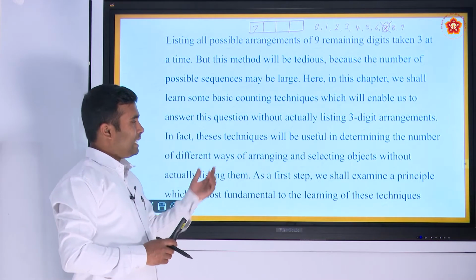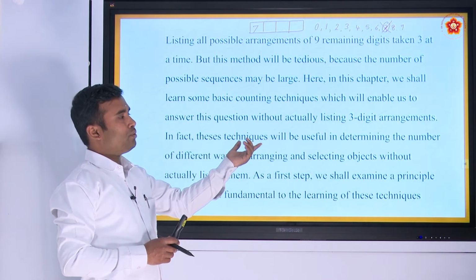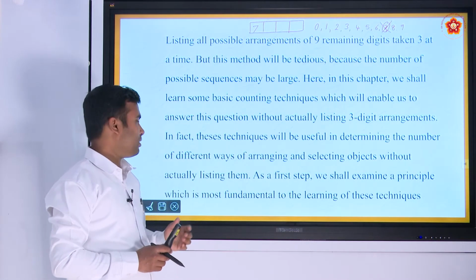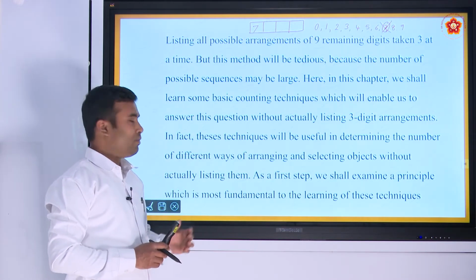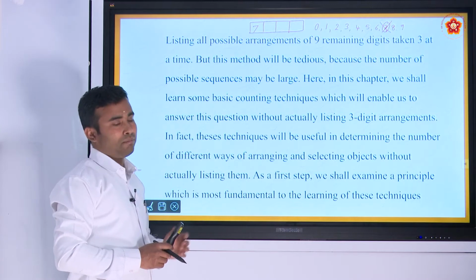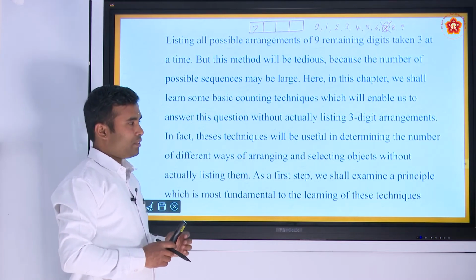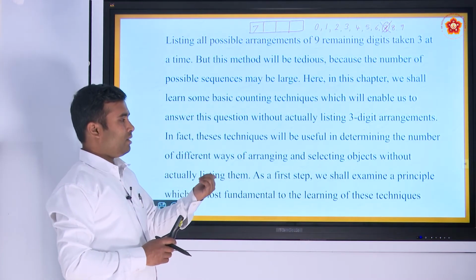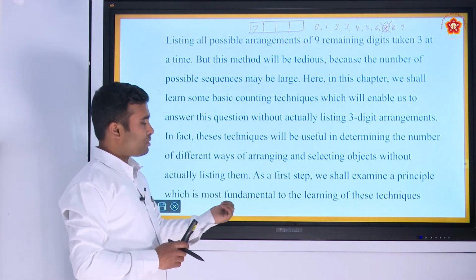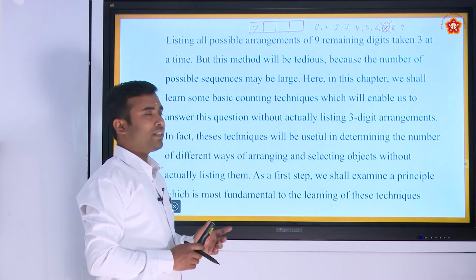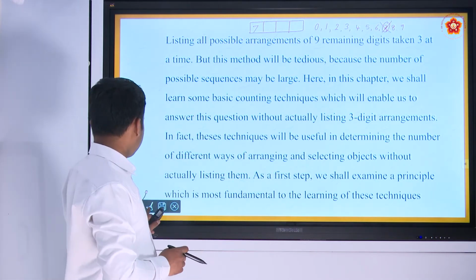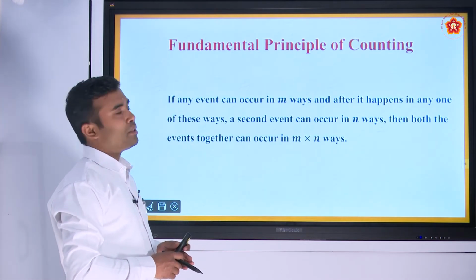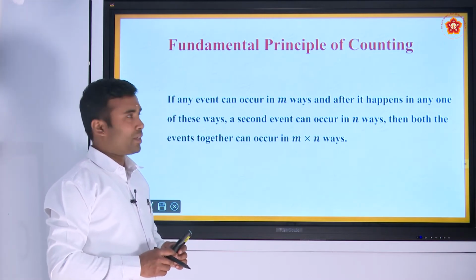In fact, these techniques will be useful in determining the number of different ways of arranging and selecting objects without actually listing them. As a first step, we shall examine a principle which is most fundamental to the learning of these techniques, that is called the fundamental principle of counting.